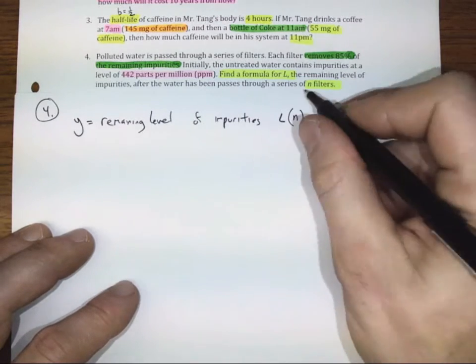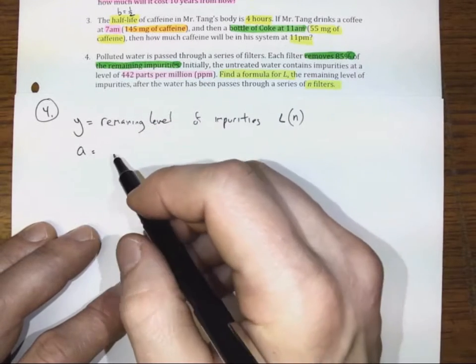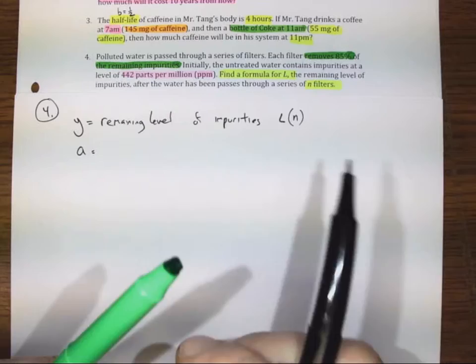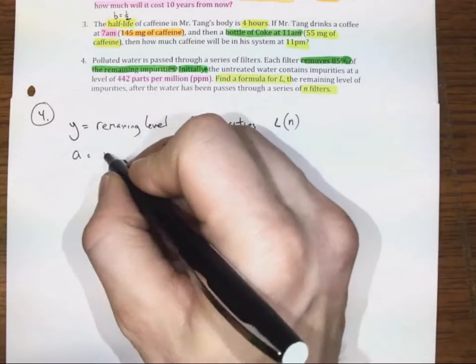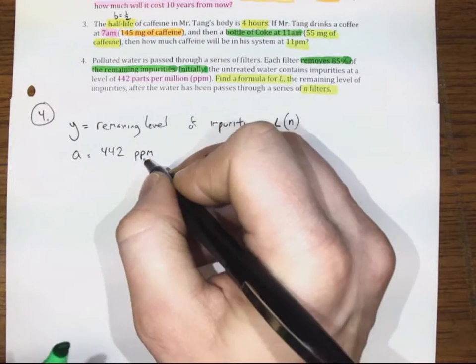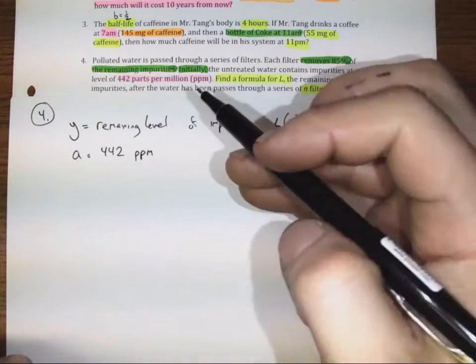I didn't highlight the word initially, but that would make it an initial value. So that means we're at 442 ppm. We're just going to treat ppm, parts per million, like a unit. Just because there's a number in this unit, million, doesn't mean we have to turn this into some decimal, although you could if you wanted.